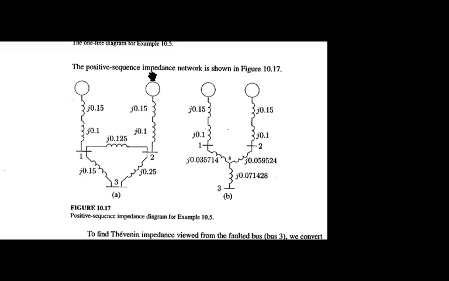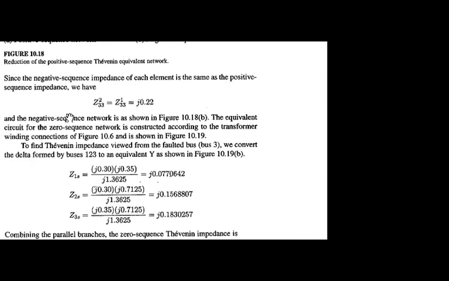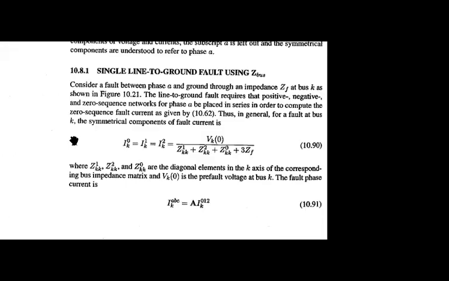Likewise, you can generate Z bus 0 from this diagram. And when you generate your Z bus 0, the result is given now. Z bus 1 and 2 are actually the same.